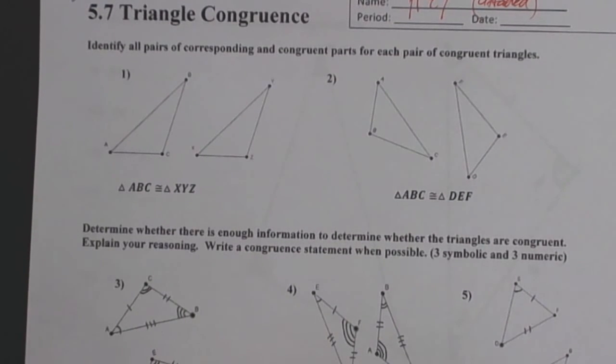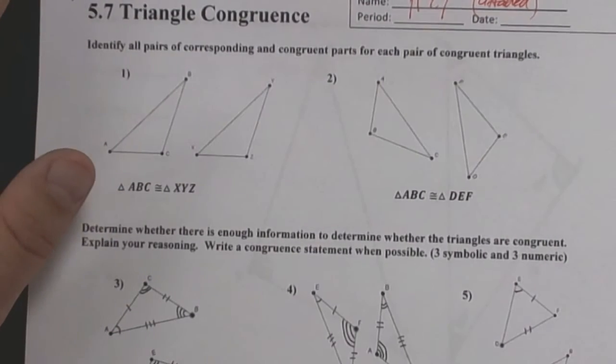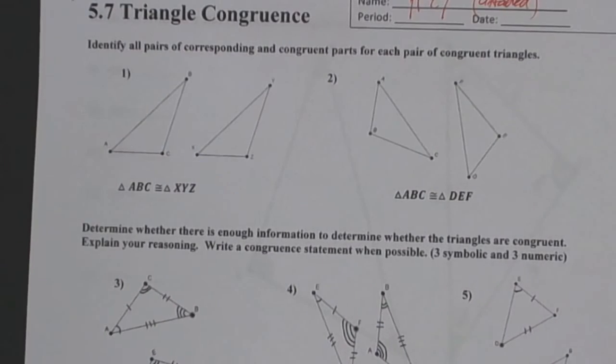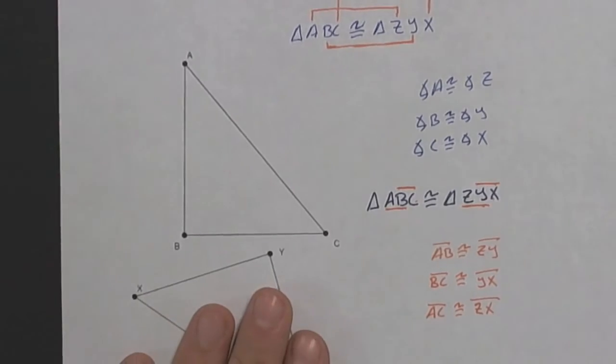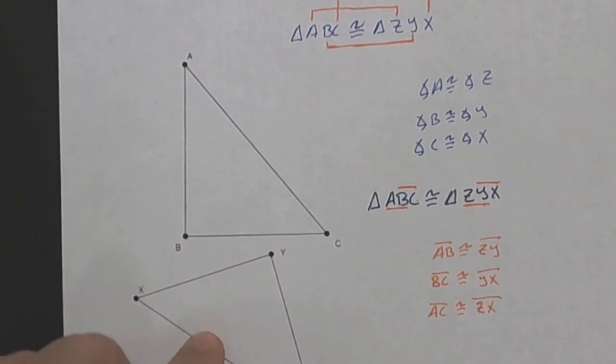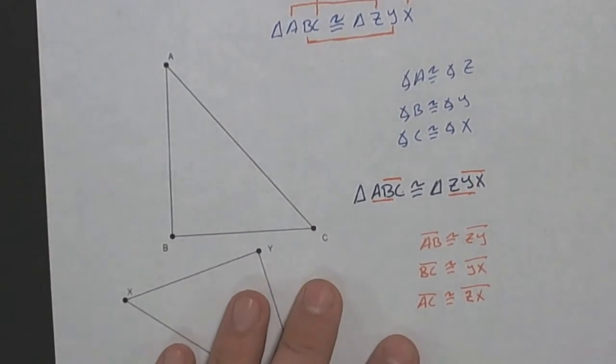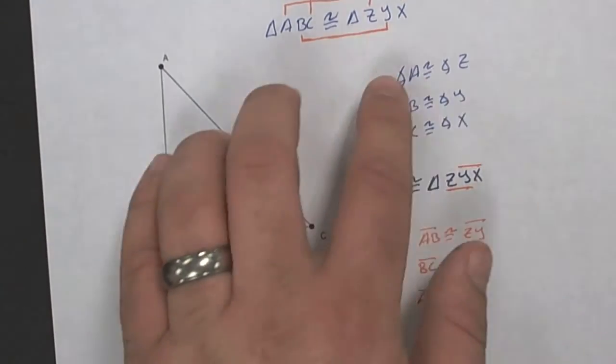I want you to identify all of the pairs of corresponding and congruent parts for each pair of congruent triangles. That's a tongue twister. I want you to do just what we did. Where's the paper? Right here. I want you to list out all 6 of the corresponding pieces and tell me that they're congruent.